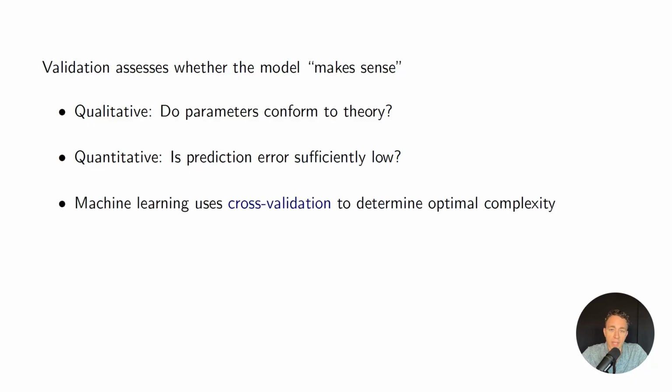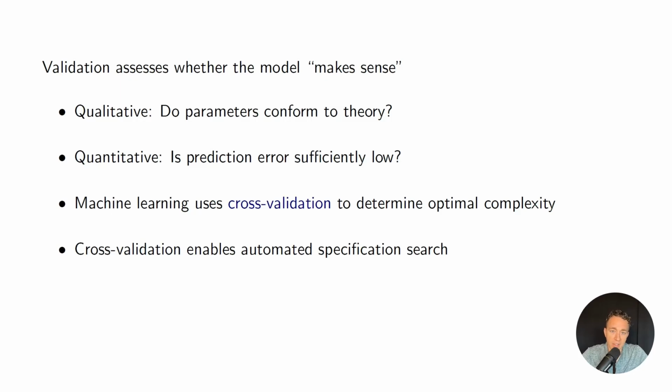And if you've had any experience with machine learning, there's a notion of cross-validation, which is a way to show what the right level of complexity in the model specification is for accomplishing the task at hand. And this cross-validation idea from machine learning basically enables the computer to automatically search for the best specification.